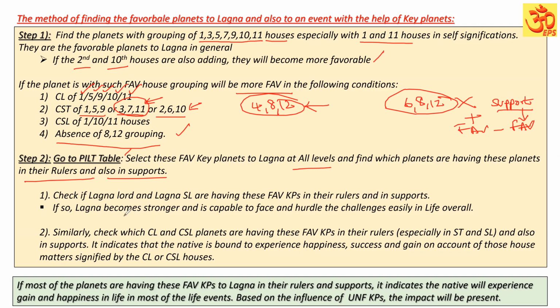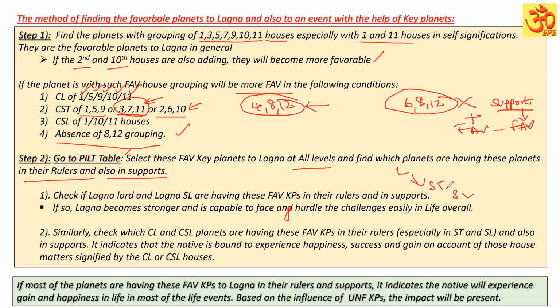If so, Lagna becomes stronger and is capable of facing any hurdles and challenges easily in life overall. Suppose Lagna Lord and Lagna Sublord have these favorable key planets in their self-signification. I mean, in the ruler, suppose Lagna is in the star of a planet, sub of a planet, and these planets have this favorable grouping.